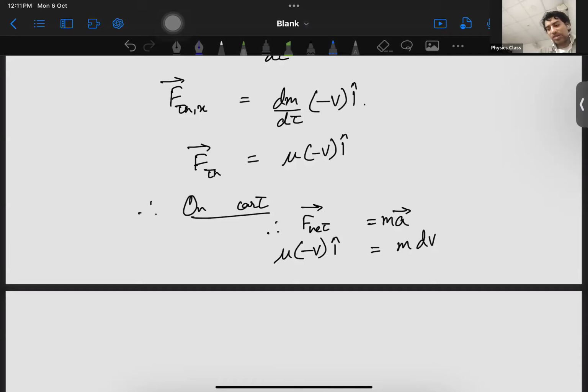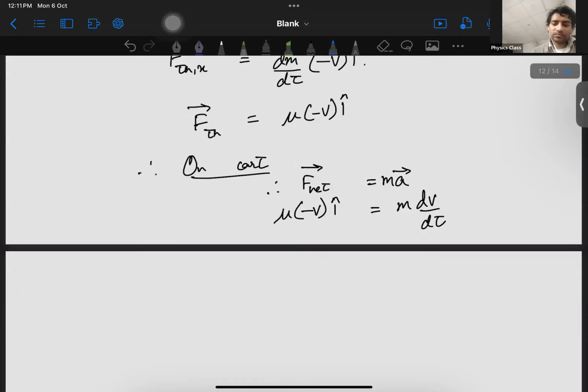Is a not the same as dv by dt? Yes, it is. And what is m over here? Oh, sorry. dm by dt is the rate at which the mass is changing. M is the mass of the system, the cart plus the water collected at any instant of time.